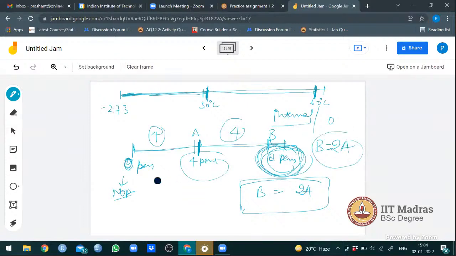In general, you can apply this to marks. Suppose someone has 20 marks and someone has 14 marks. You can say B scored twice the marks of A.